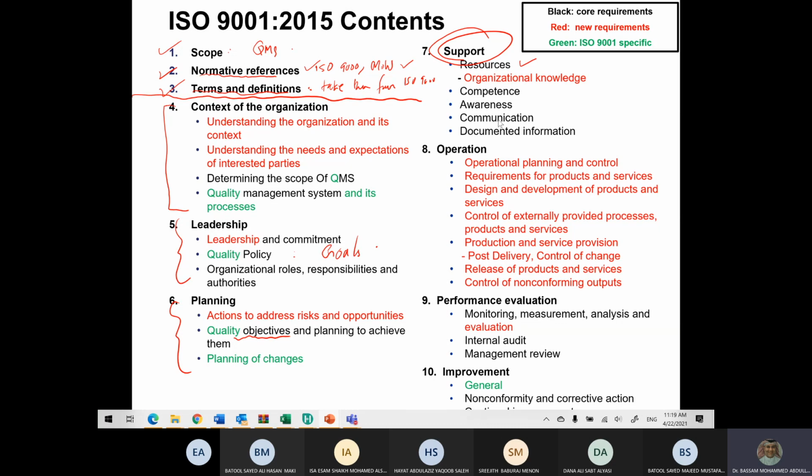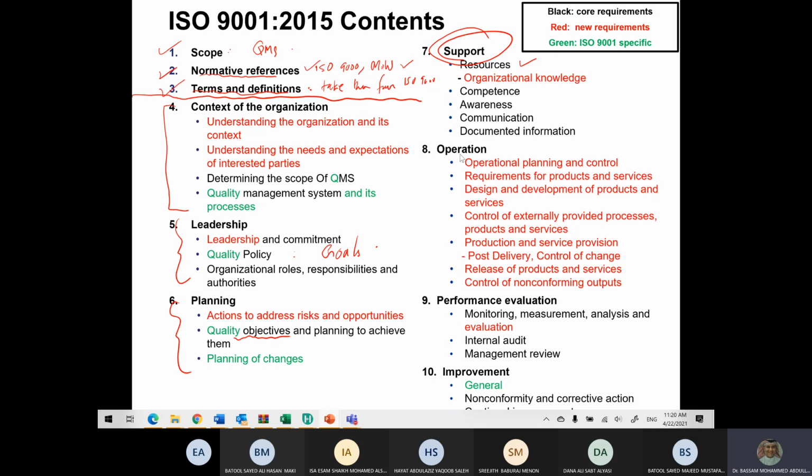And how are they going to communicate with each other? What documents do I need as support? Because I need to know how to open a university, how the university will operate, how to hire people. I need documents from the Higher Education Council to tell me how to do all this. Now I have the resources, money, faculty members, competence, and all the documentation.